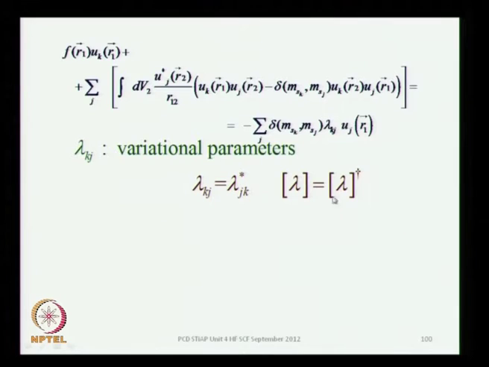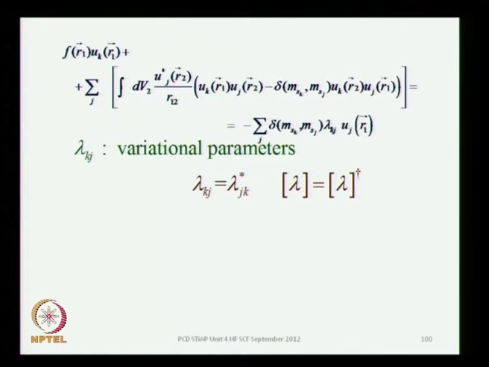Now, we can simplify this further, because we do know that lambda, these variational multipliers, make up an n by n matrix, which is a Hermitian matrix, because lambda_kj must be equal to lambda_jk star, right, and therefore this is a Hermitian matrix, and if it is a Hermitian matrix, you can find a unitary transformation which diagonalizes it.